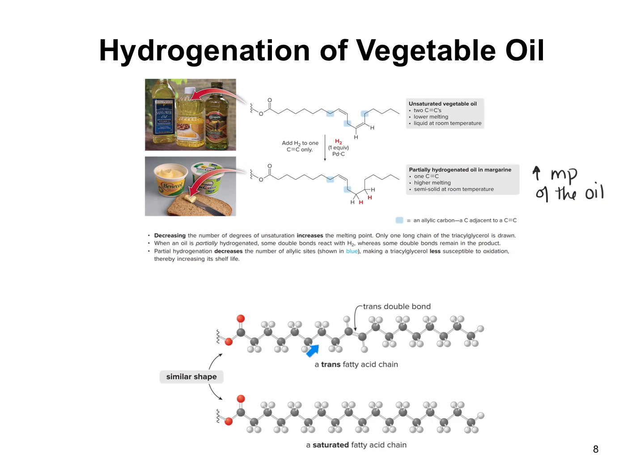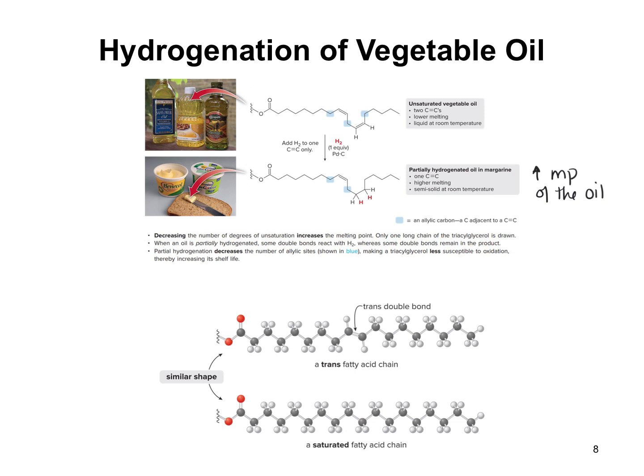If you notice, a trans fat here and a saturated fat here have similar shapes. And so the trans fats will stimulate cholesterol synthesis in the liver, and that increases blood cholesterol levels, which can lead to increasing the plaques in the heart, which can lead, of course, to heart attacks. So it's an interesting health application here.